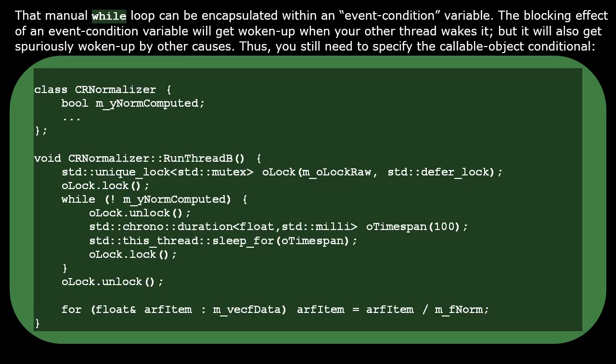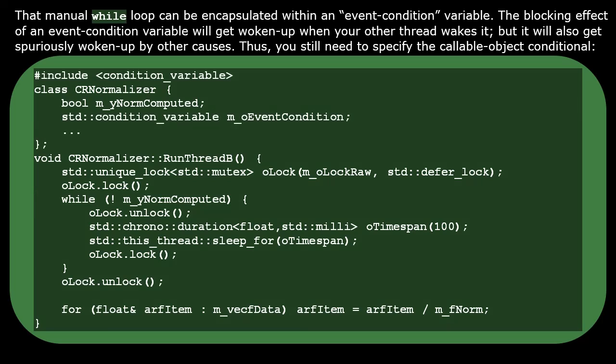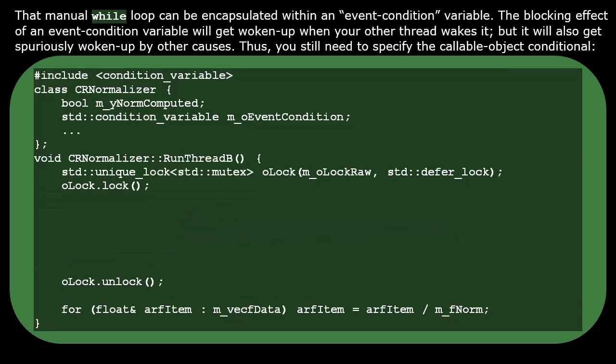When thread A is done, in addition to setting the event's Boolean flag, thread A would need some mechanism to wake us up. That waking up mechanism is provided by an event condition variable. An event condition variable encapsulates our sleeping request along with the entire while loop.